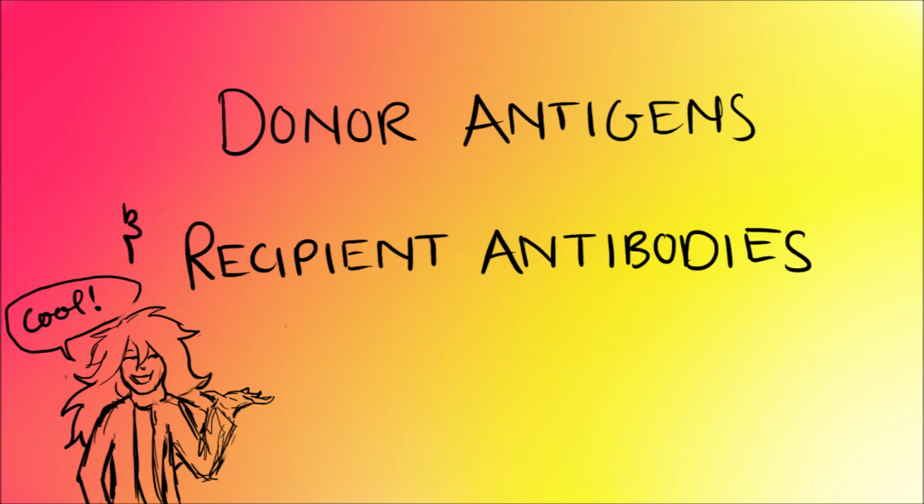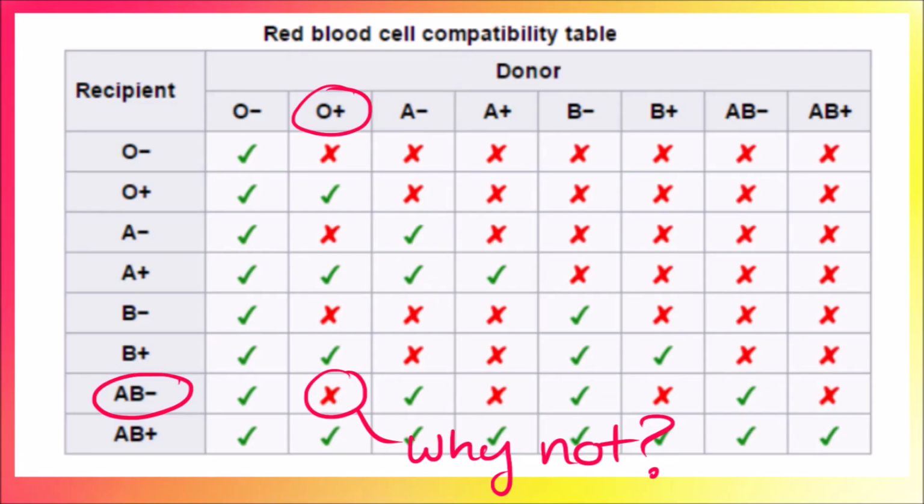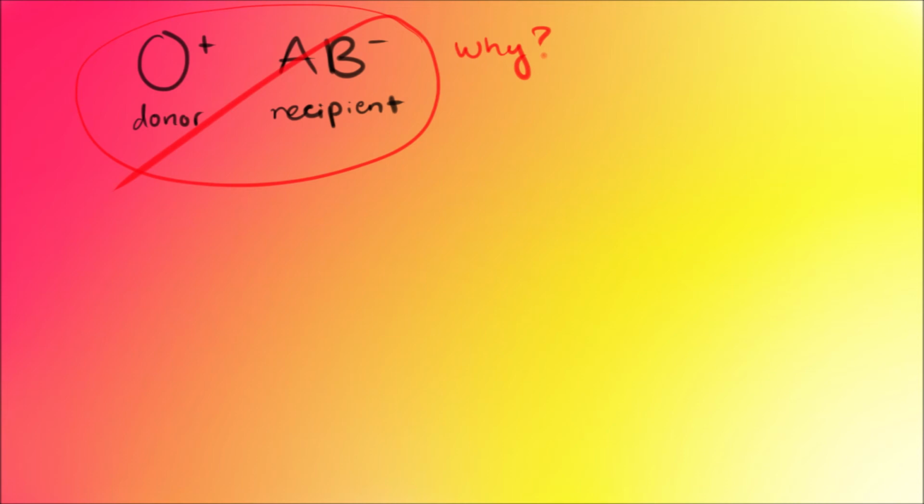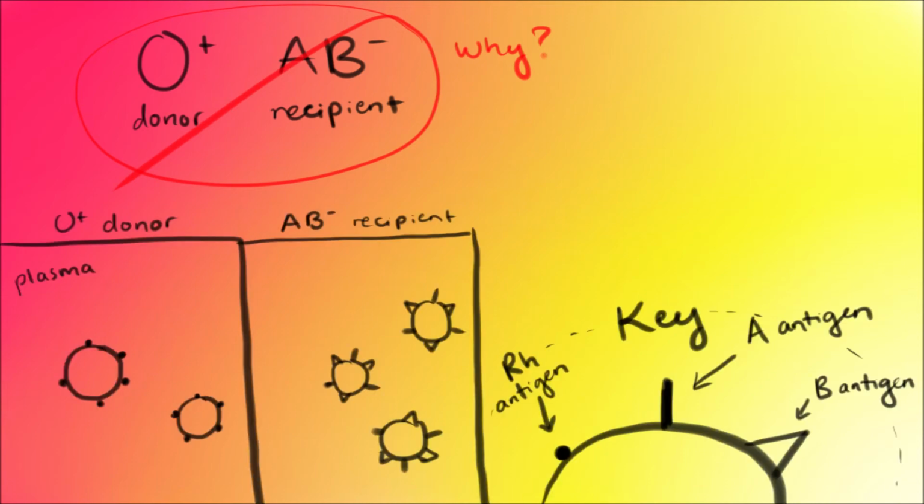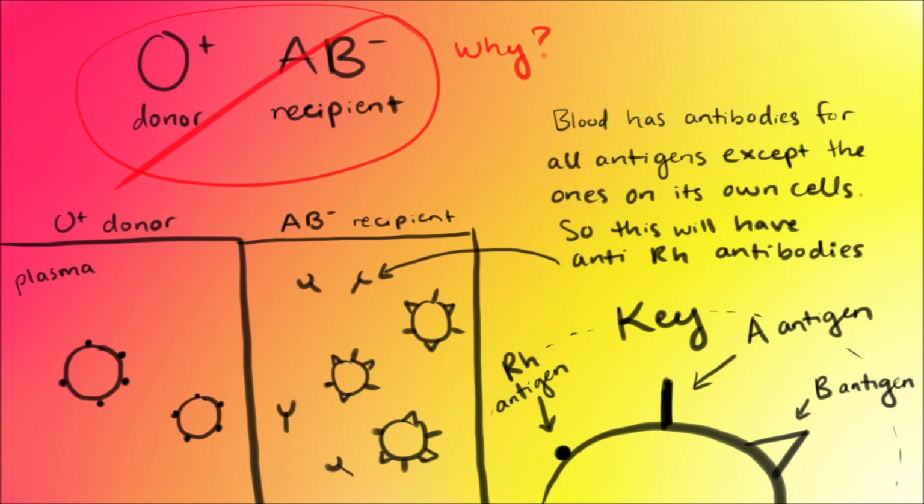And so let's do an example real quick. We're going to do O positive as the donor and AB negative as the recipient and say, why does that not work? So I drew the pictures of them here. You can see the antigens on the surface of the cell, and the AB recipient is going to have anti-Rh antibodies.